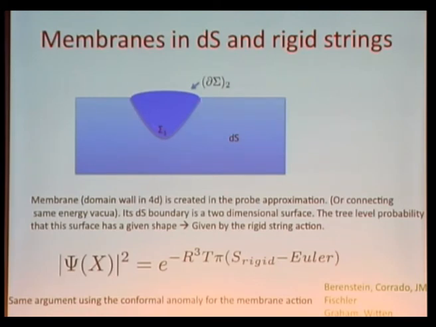Then the action for this brane has a conformal anomaly that is proportional to the rigid string action. And for the same reason I discussed before about the factors of i, here we get something that goes like R cubed, and we get a factor for the wave function which is proportional to the rigid string action. So the probability of having a 2-dimensional surface with various shapes is given by the rigid string action.